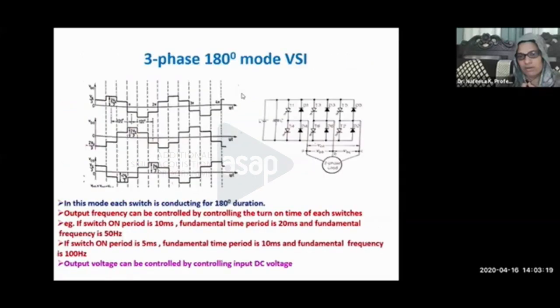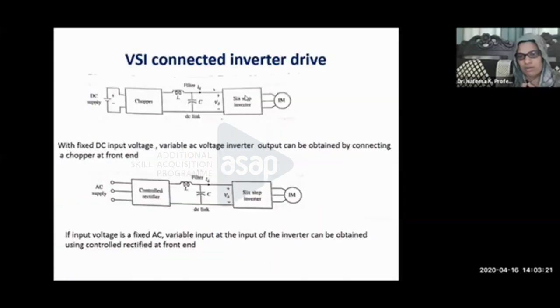I already said that for varying the frequency, you are controlling the switch on time of each switch in the inverter. And if you want to vary the voltage, you need to vary the front input voltage. For that, if your available supply is a DC supply, how will you change the DC voltage? Just use a chopper circuit. How can you control the chopper circuit?